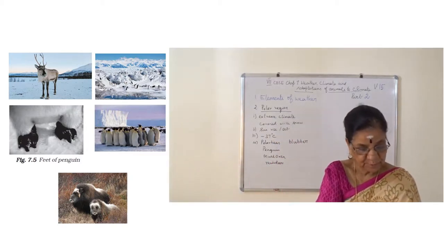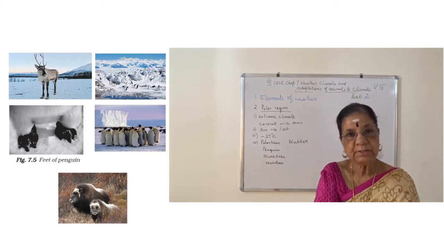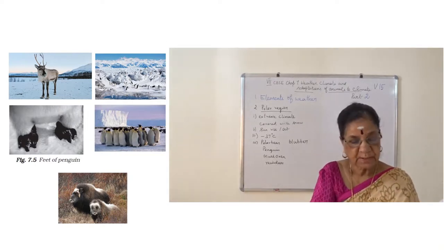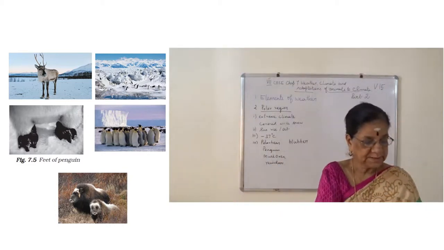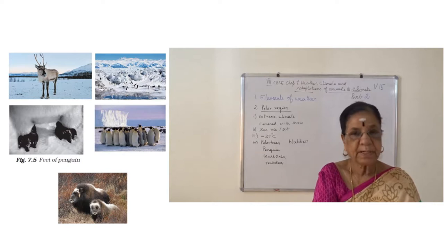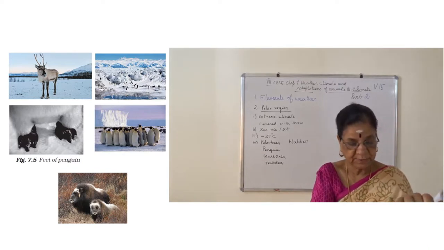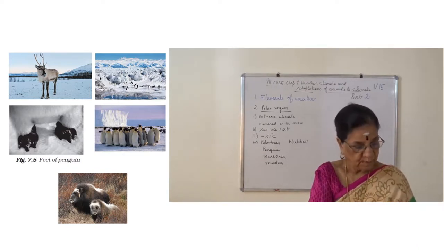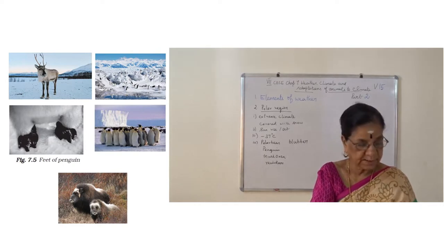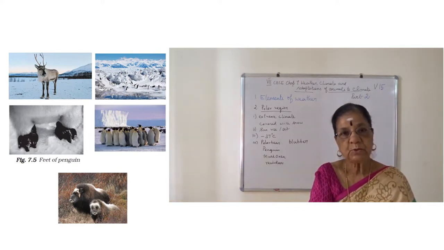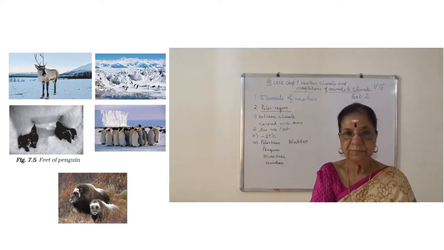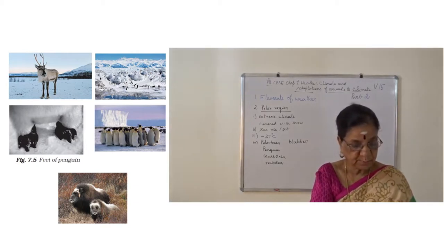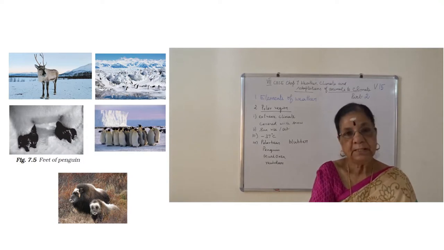So when they swim, penguins have a dark back and white front. Their dark back makes it difficult to see them from above against the dark background of the sea, and their white front makes it difficult to spot them from below against the light background of the sky.